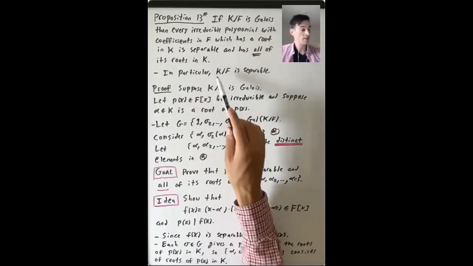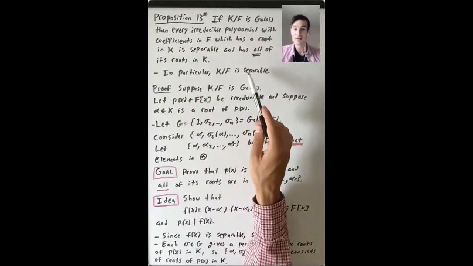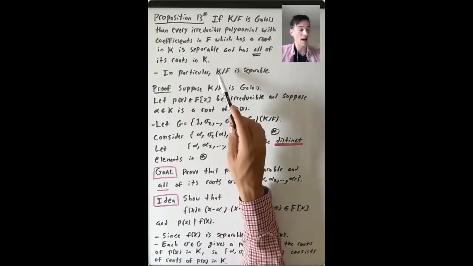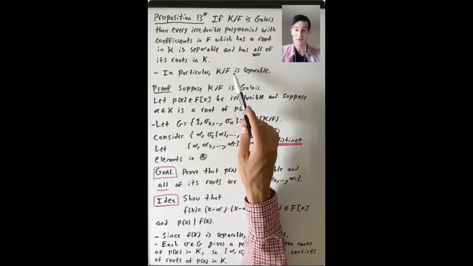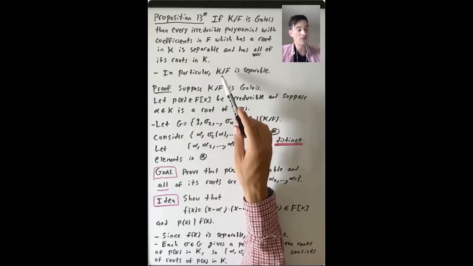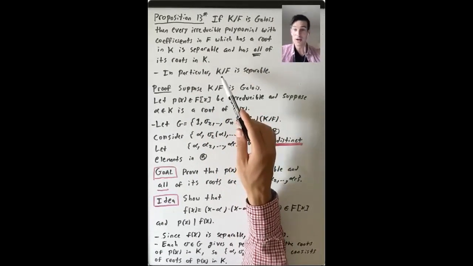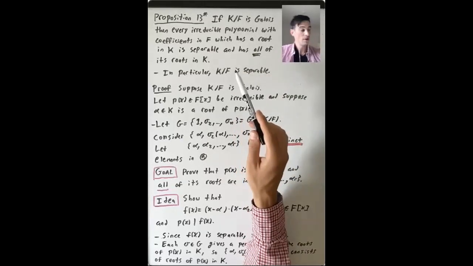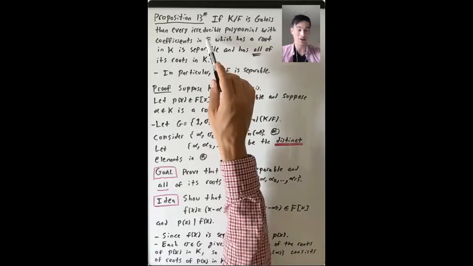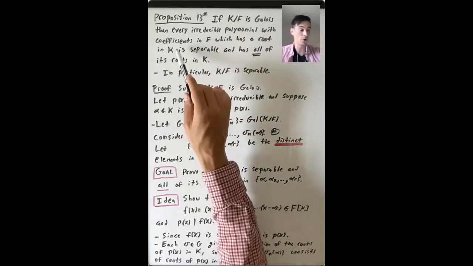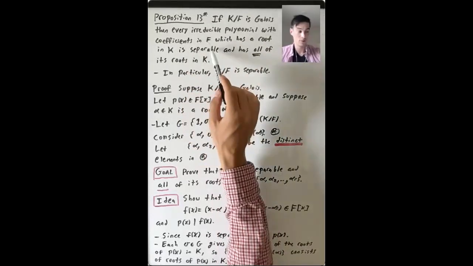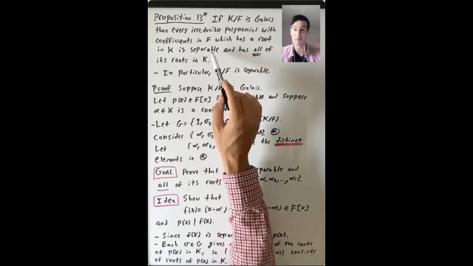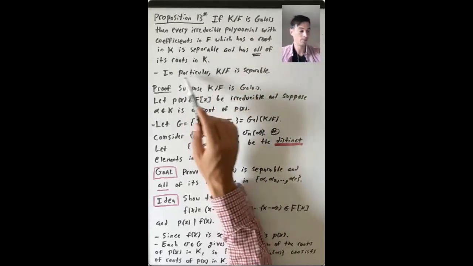Why? What does it mean for an extension to be separable? That means that every alpha in K is separable over F. So any alpha in K is the root of its minimal polynomial over F. So that's an irreducible polynomial with coefficients in F that has a root in K. So we're proving that that polynomial is separable, so alpha is separable.